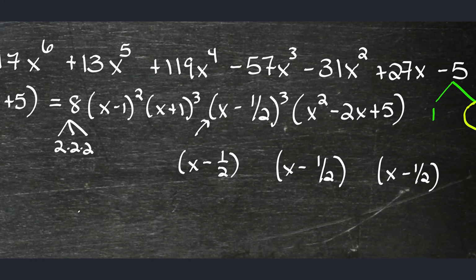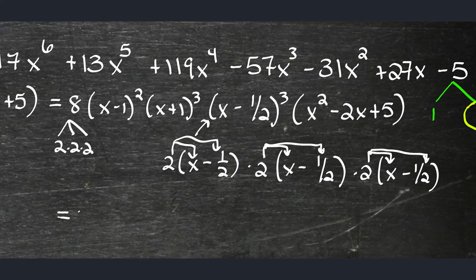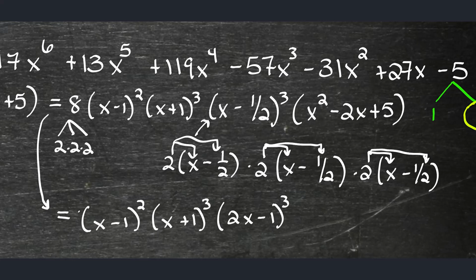But remember, we have this 8 sitting out front, which you can break into 2 times 2 times 2. If you distribute that 2 times 2 times 2 into each of these factors, you'll get that those factors are actually 2x minus 1. So each of them are 2x minus 1s. So this gets rid of the 8 out front and simultaneously allows us to get rid of that silly fraction.